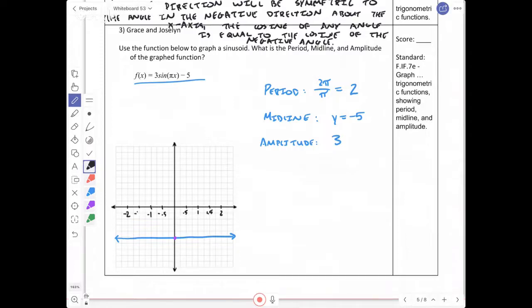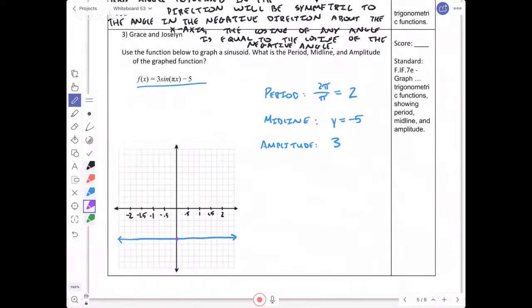Negative 2. Okay. And I know I'm all the way back to the beginning, to the same value, when I get to 2. So I must be back at -5. Same here at 1, at -1, and at -2.